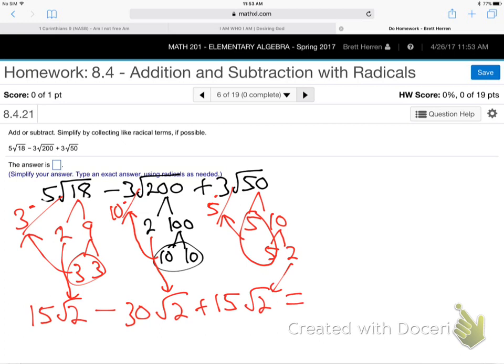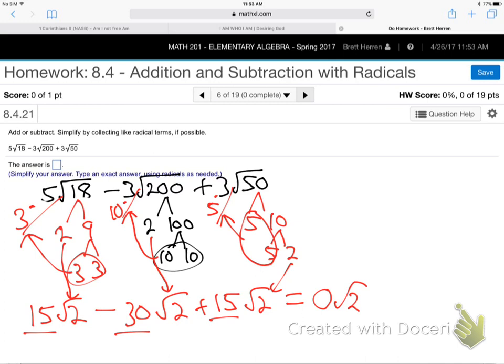They're all a bunch of square roots of 2. Now we add the numbers in the front. 15 and 15, 30. Take away 30 is 0 roots of 2. Wasn't it 0? It's not 1. So it's 0 root of 2.